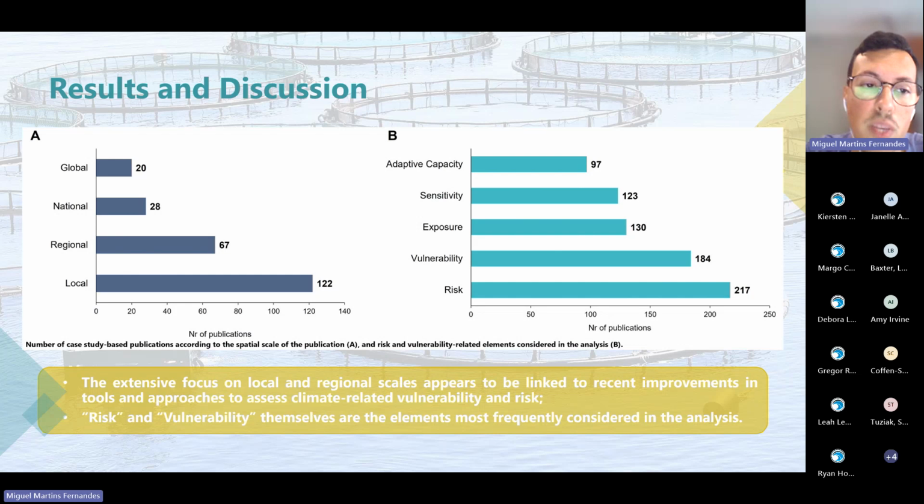Then we can see that global and national studies are not so referred, and this is also because of the challenge to perform these assessments, and also the availability of data sometimes.